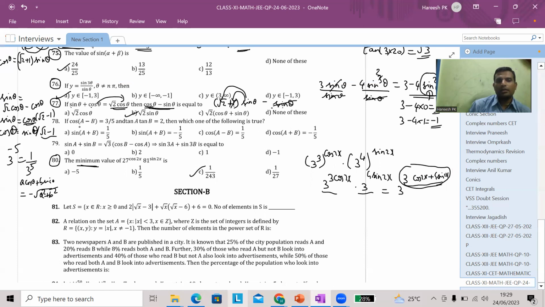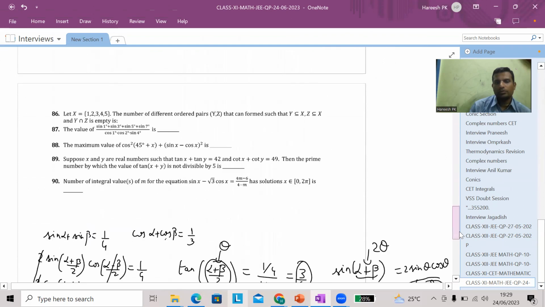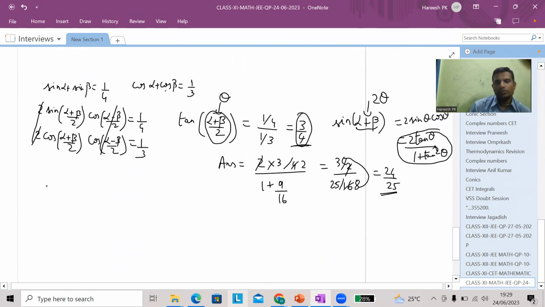Now this question again is easy. Cos of a minus b is 3 by 5. And tan a into tan b is 2. So cos a minus b, use the formula: cos a cos b plus sin a sin b.